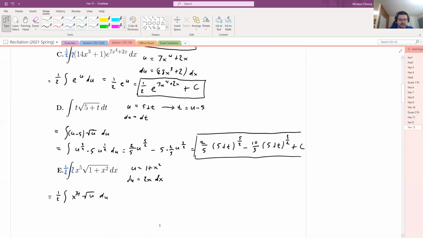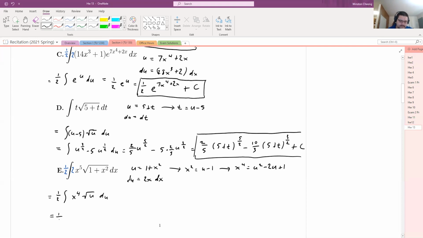What we have to do now is convert this x to the 4th so that it's written in terms of u. And the only thing that we know is this rule. Well, thankfully, hopefully you see there is a way to do that. So if I solve for x squared, I'm going to get u minus 1. And then I can square both sides. So then I get x to the 4th is equal to, and in this case I want to expand this out, u squared minus 2u plus 1.